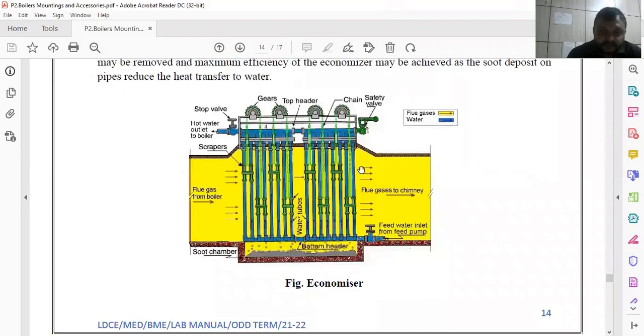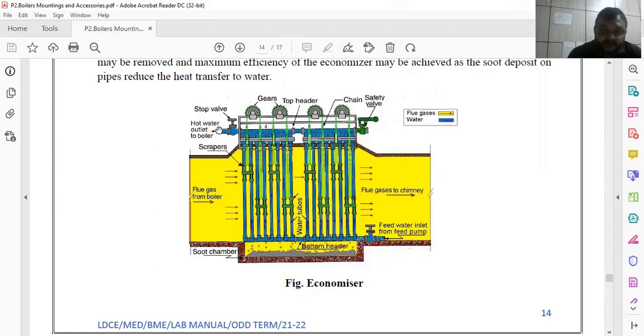And this is a closer view of the economizer, where flue gases are passed in and around the water tubes, and the water inside the tubes is heated before being sent into the boiler.